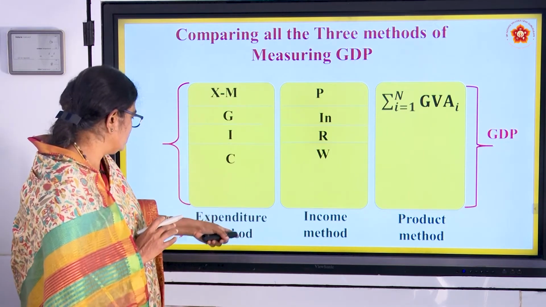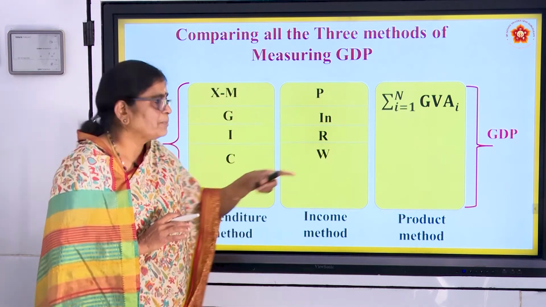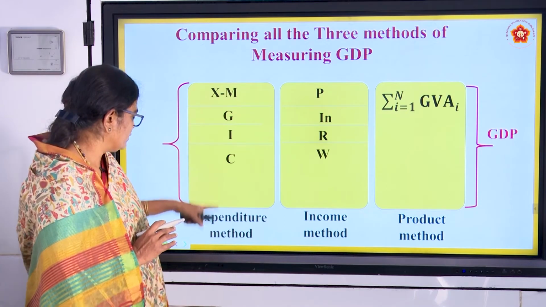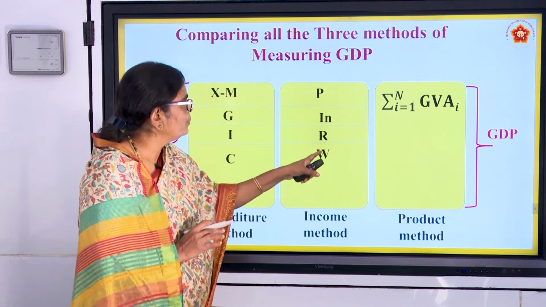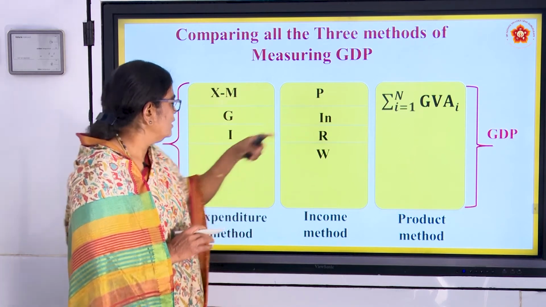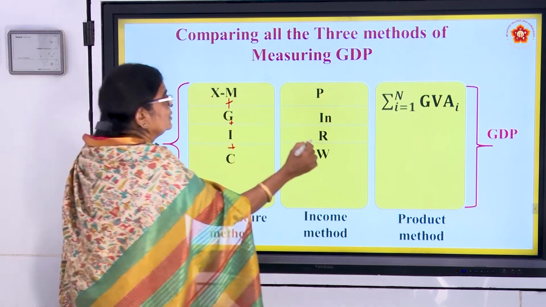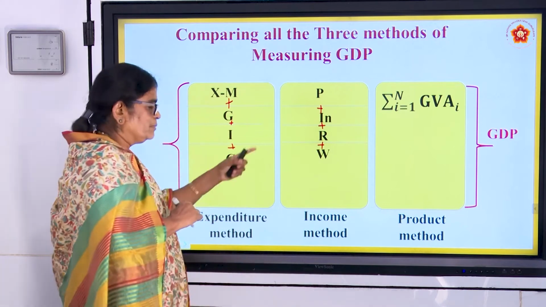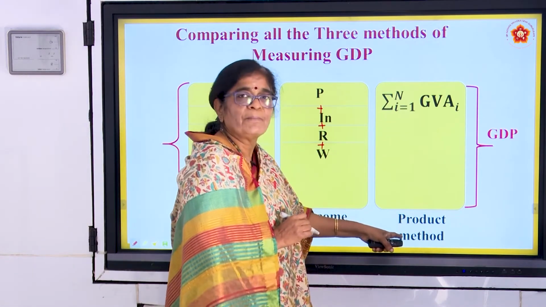Therefore, this is the explanation for that same concept. GDP equals C plus I plus G plus X minus M. What is this method? Expenditure method. Income method: W plus R plus IN plus P. This is the income method. And this one, gross value added, is the product method.